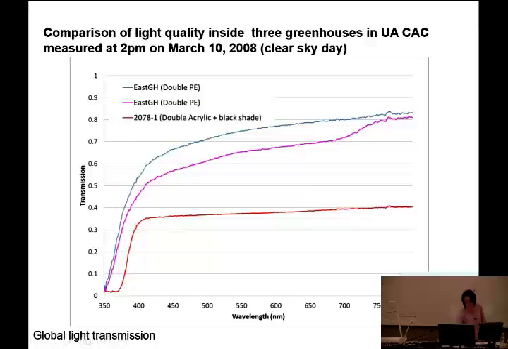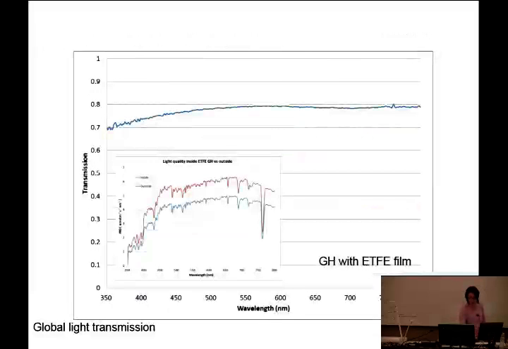Now you can see that one of them, the red line, has very low UV transmission compared to the other two, and that definitely affects plant response. This is my ETFE, which is in fact what the strawberry greenhouse used, having nice transmission in the UV. My sensor can only measure starting from UVA though, UVA all the way up.